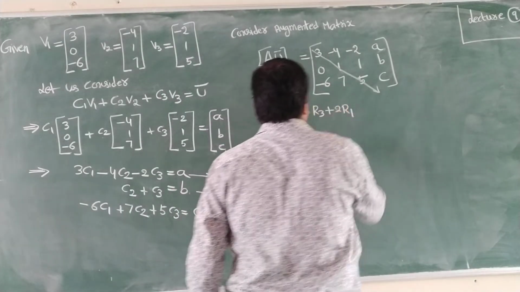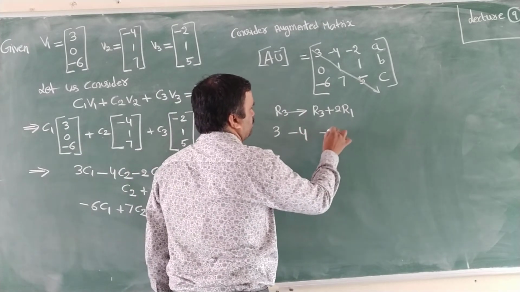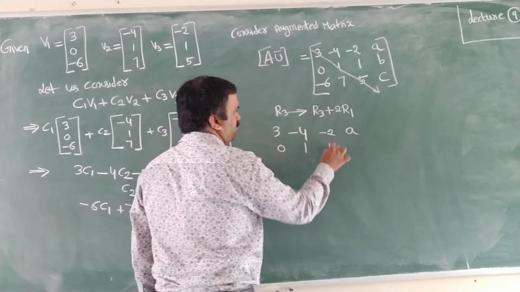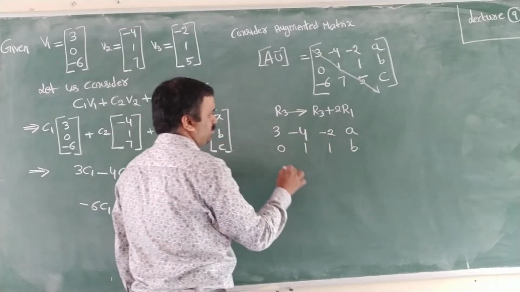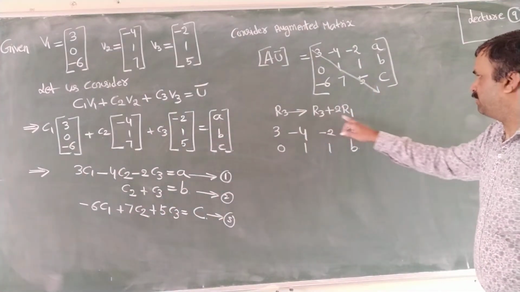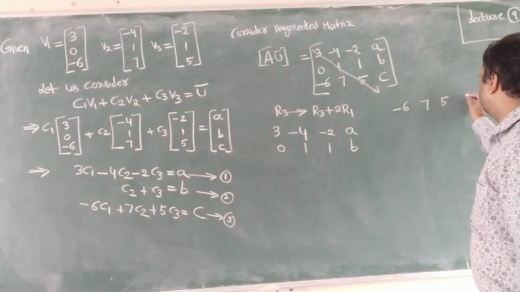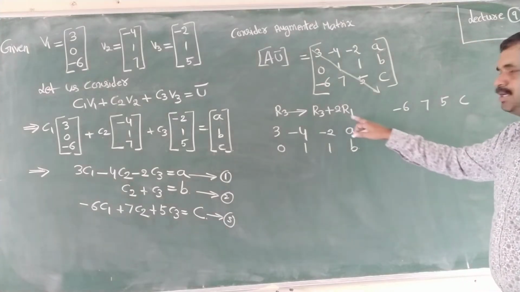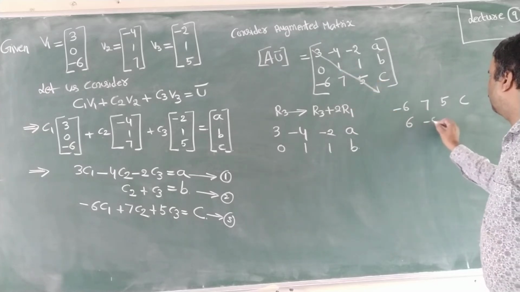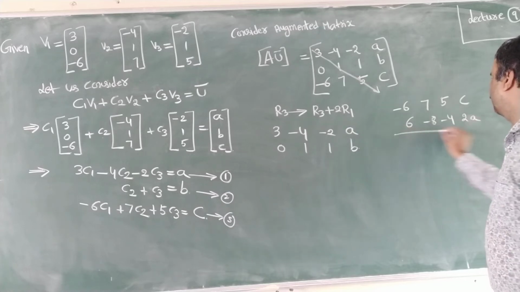First row as is: 3, -4, -2, A. Second row: 0, 1, 1, B. For the third row, applying R3 plus 2 times R1: 2 times the first row gives 6, -8, -4, 2A.